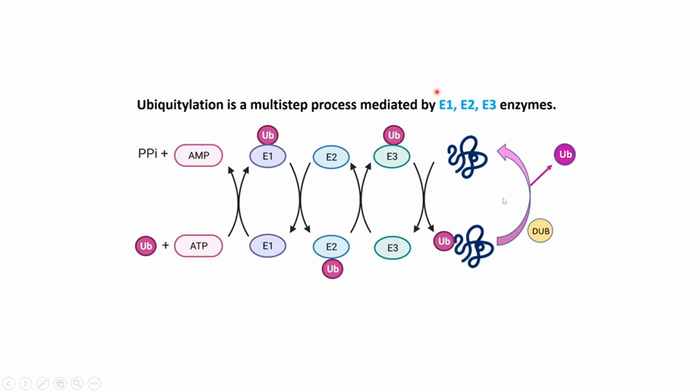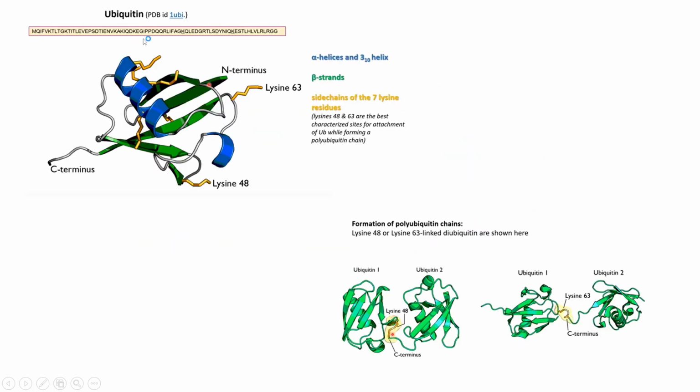This ubiquitin mediated process can also be reversed by an enzyme known as deubiquitinase, which removes the ubiquitin from the protein molecule, and then this protein molecule cannot be degraded. So to degrade the protein, ubiquitin is necessary.